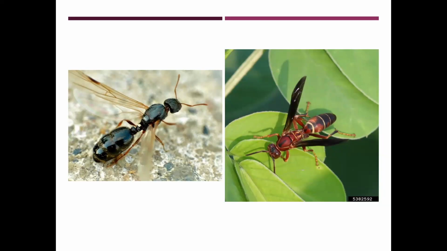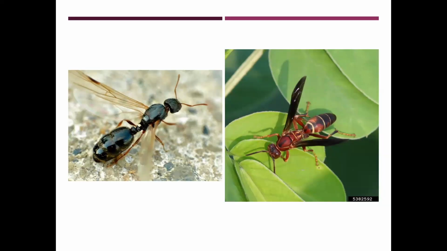But when we are looking at our ants and our wasps, again, we're looking at the antennae. If it's going to have those elbowed antennae, like the one on the left-hand side, that is going to be an ant reproductive. When we look at wasps, they generally don't have those elbowed antennae. Theirs is more straightened.